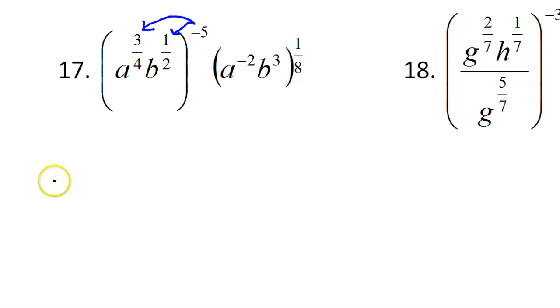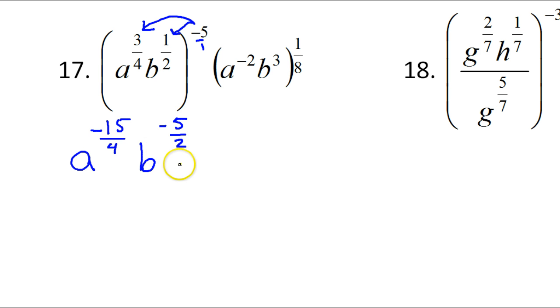This is going to give me a, and remember this is like -5/1, so this is going to give me -15, it's 3 times -5, over 4. And I'll have b, and again I'm just multiplying, so this will be -5 over 2. That's what I have over here so far.